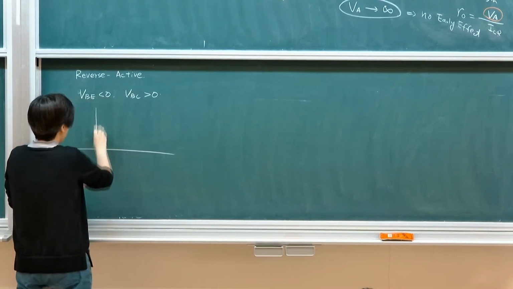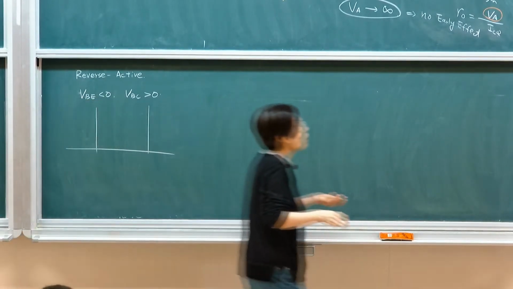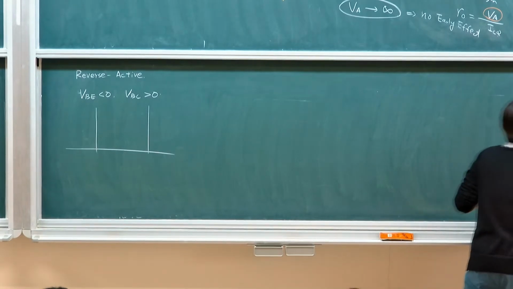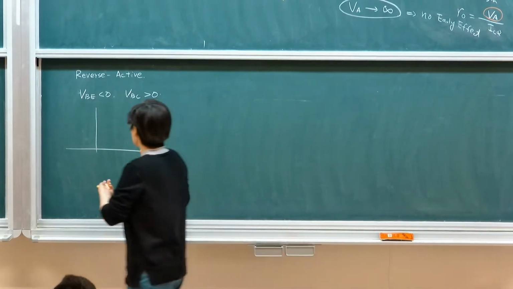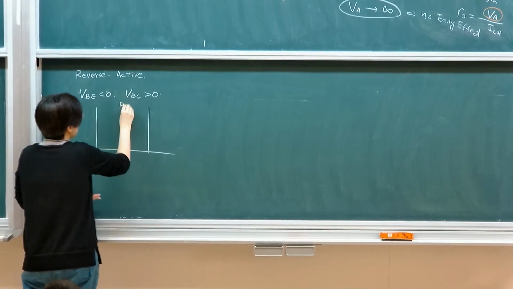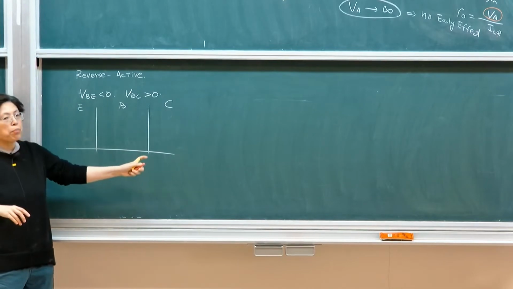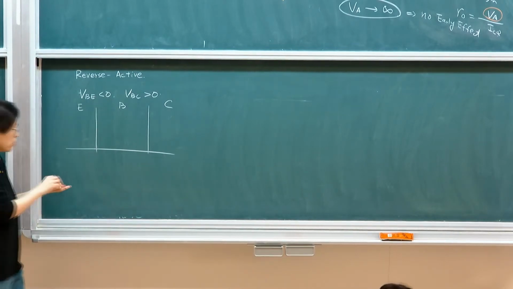So you still look at the minority carrier concentration distribution. It will look a little bit like that, but you then have something like this. So this is E, B, C again. I will then form my BC junction.